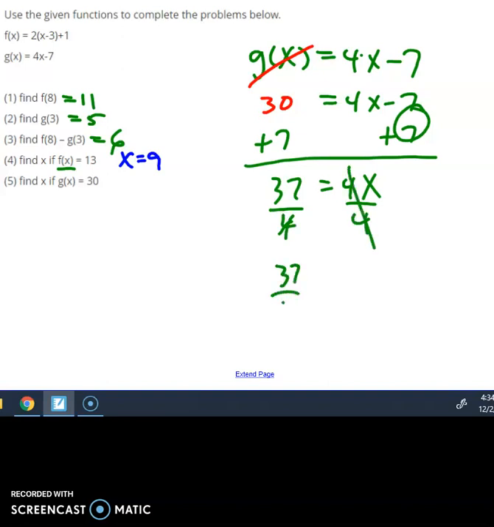So the final answer is 37/4. You may have turned this into a mixed number or a decimal number. All three are equivalent answers. So final answer is 37/4 or 9 1/4.